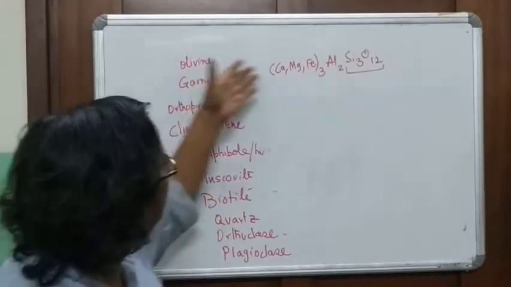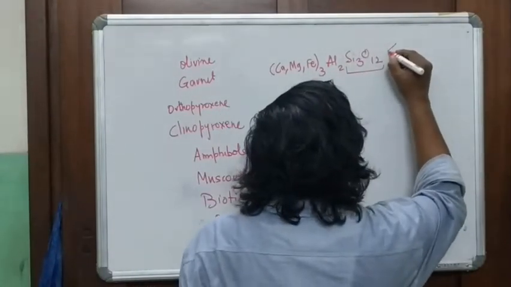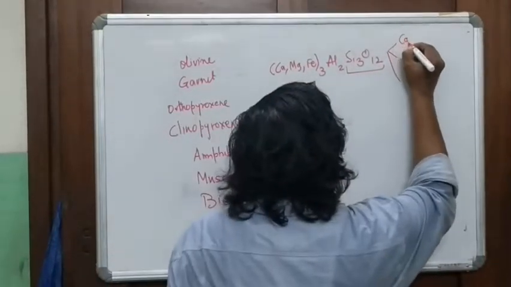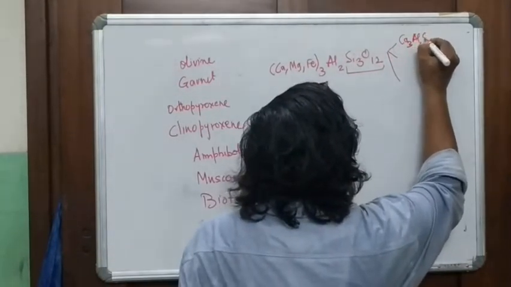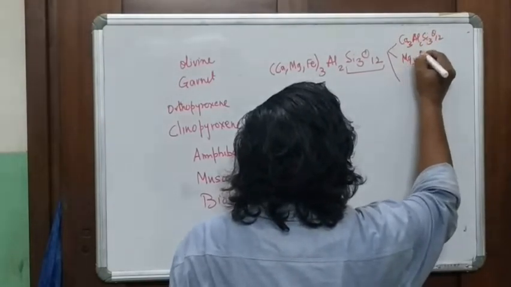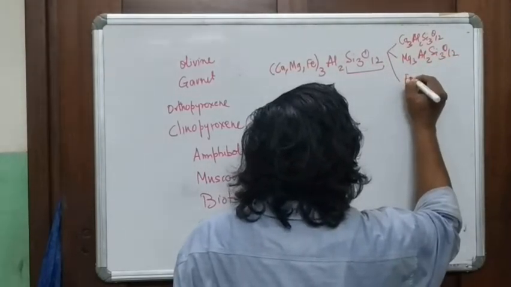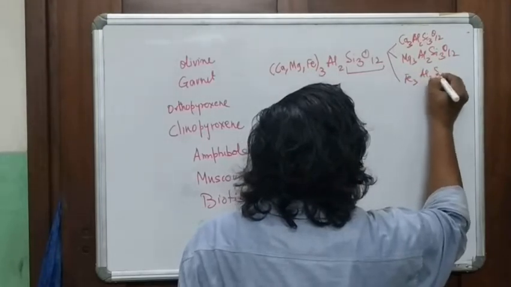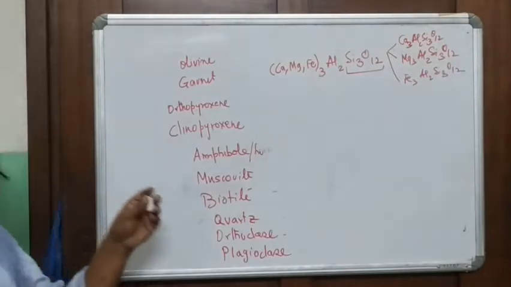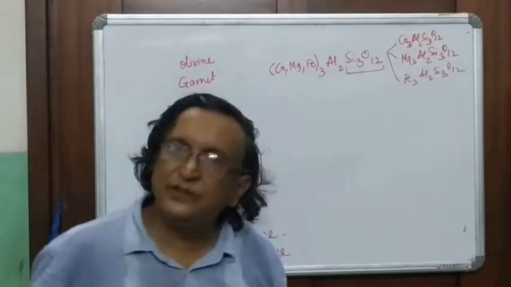So this mineral having this composition is called a garnet, and it is made of 3 end-member components: Ca3Al2Si3O12, Mg3Al2Si3O12, and Fe3Al2Si3O12. These are the 3 components of the solid solution which forms a garnet.